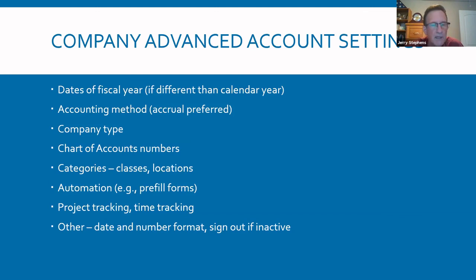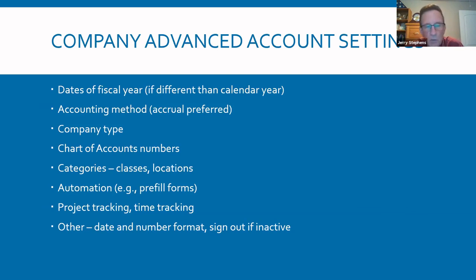Again, the company type, whether it be sole proprietor or LLC, you'll designate that. QuickBooks, based on the industry that you select, will also provide a chart of accounts as a starting point. So it'll give you the various accounts that QuickBooks finds you will likely need for your industry, and then establish that chart of accounts number.